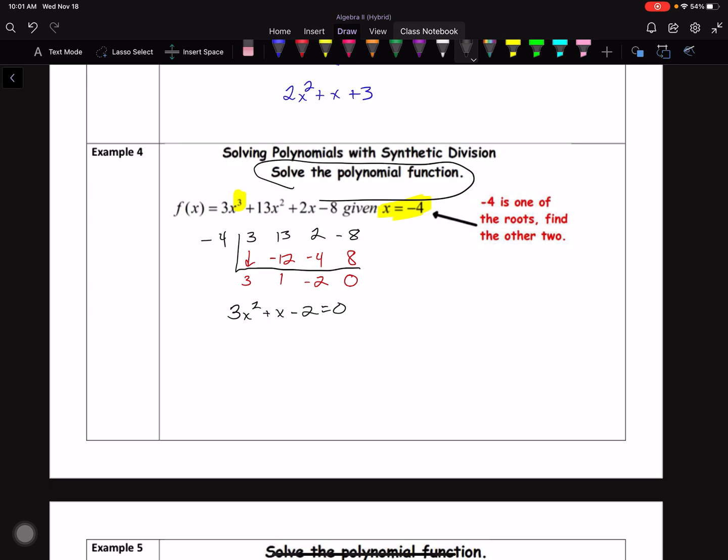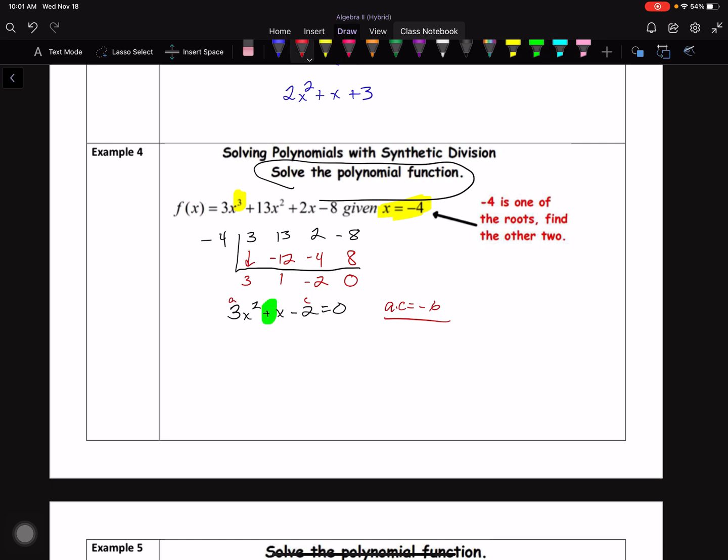So there's no greatest common factor because, yeah, we would have taken care of that already. So we're going to start by taking A times C, and we get 3 times -2 is -6. So I'm looking for factors of -6 that add up to 1.